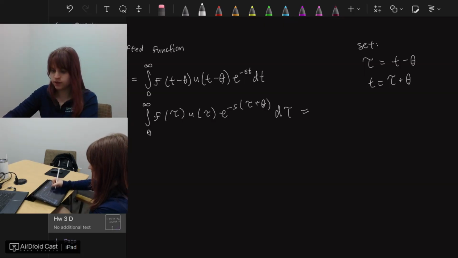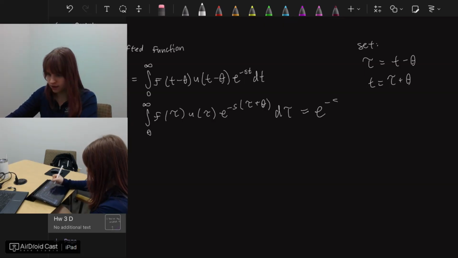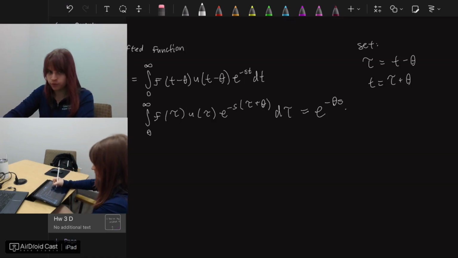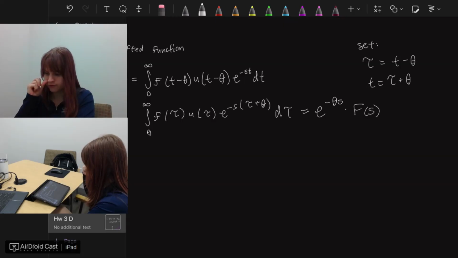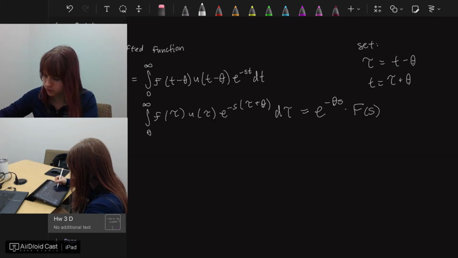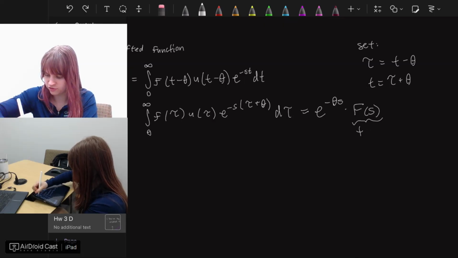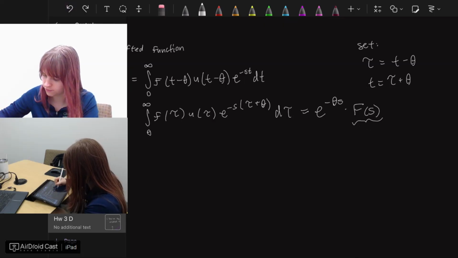And this is going to be equal to e to the negative theta s multiplied by F of s. This is just the function in the Laplace domain.